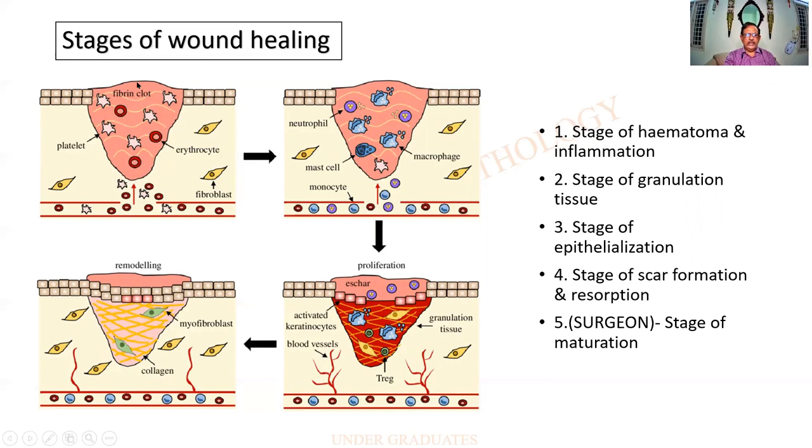Along with it, immediately, there will be the inflammatory cells also which come into the region, along with the RBCs, platelets, etc. Later on, there is a proliferation of the fibroblasts, neovascularization, etc., which will be forming what is called the granulation tissue.